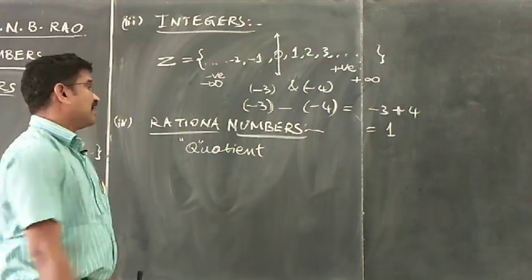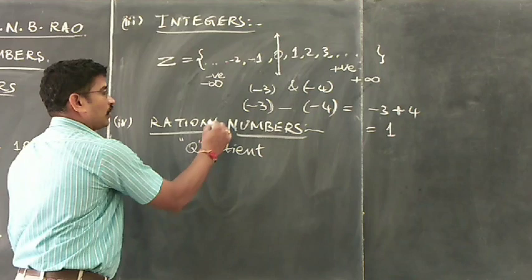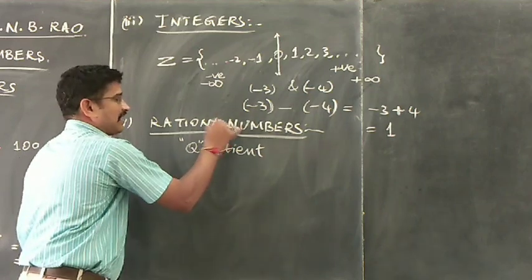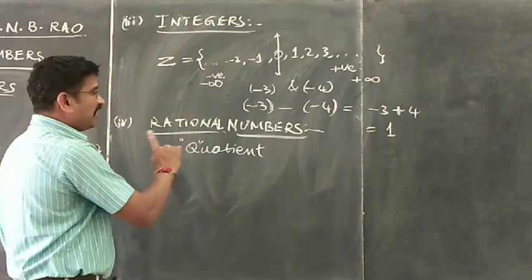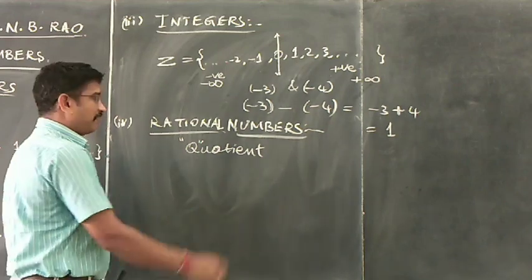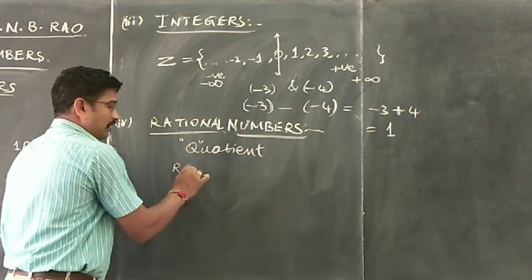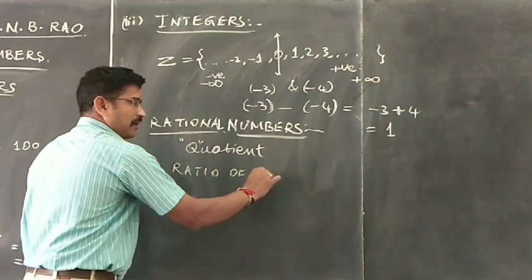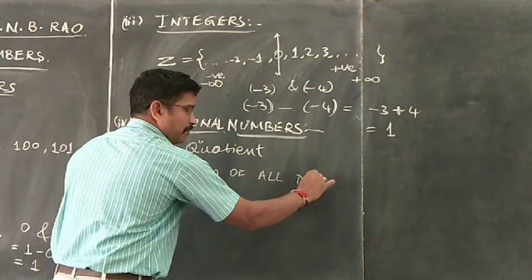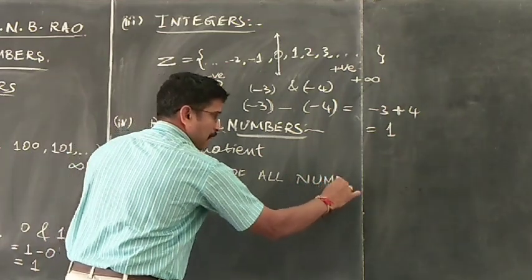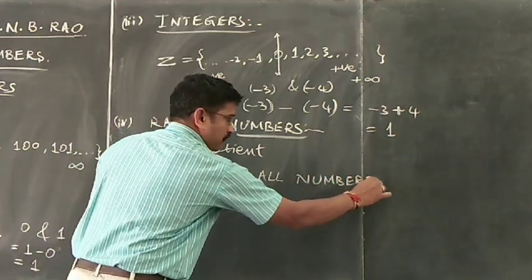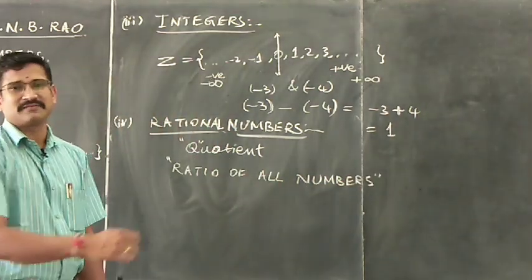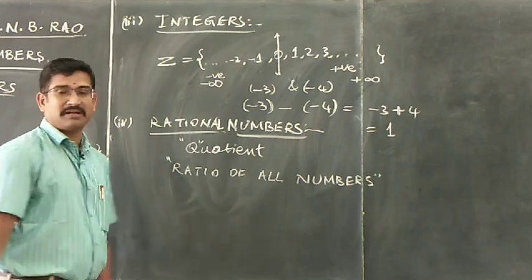It is because rational, I have missed here L. Rational numbers, that name has come from ratio of all numbers. From this phrase, the name of rational number has come.